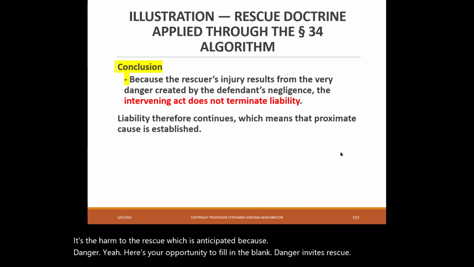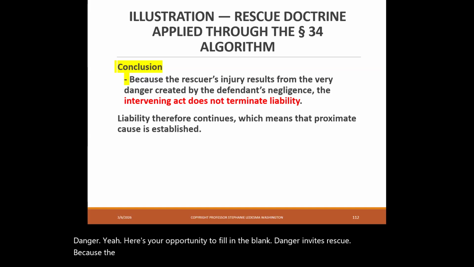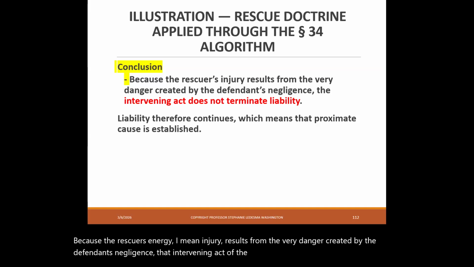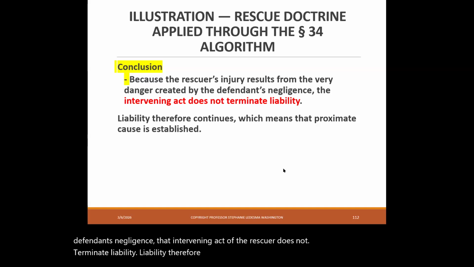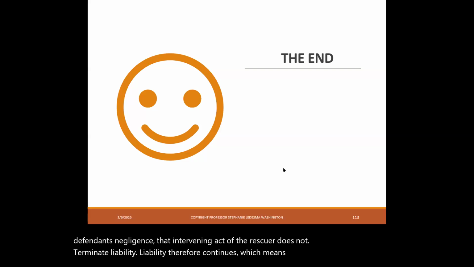The rescuer's injury results from the very danger created by the defendant's negligence. That intervening act of the rescuer does not terminate liability. Liability therefore continues, which means that proximate cause is established.